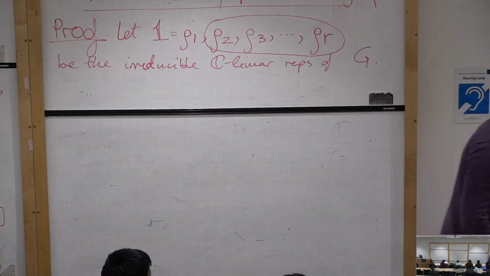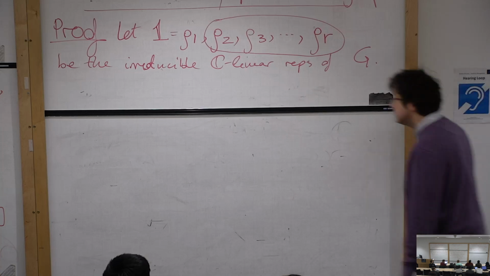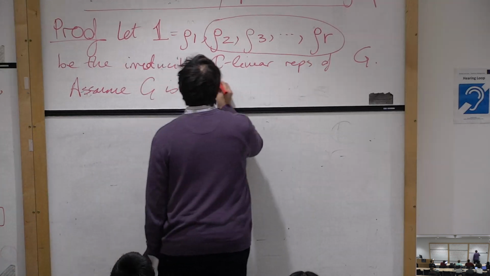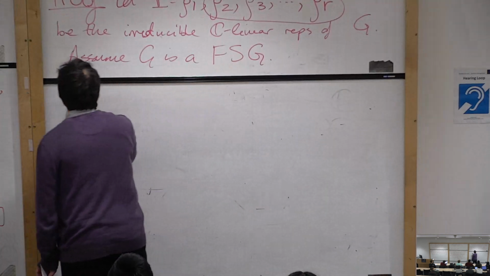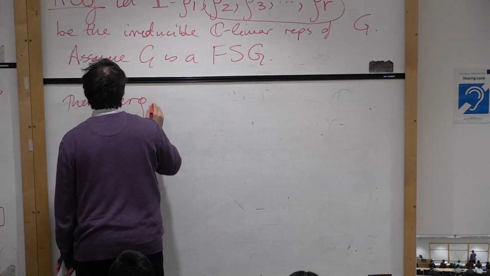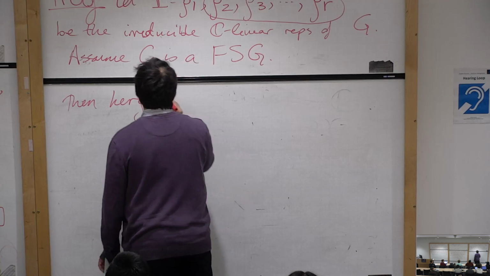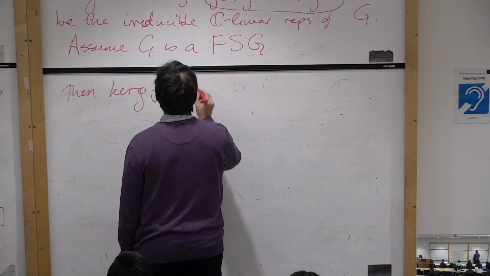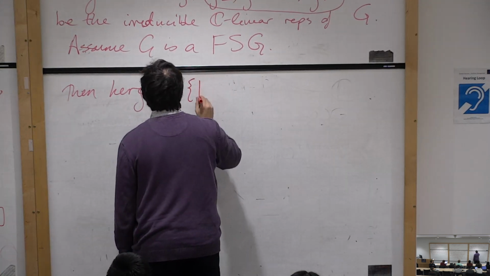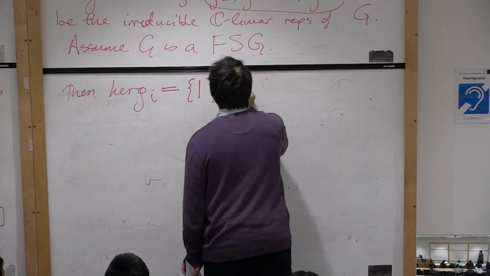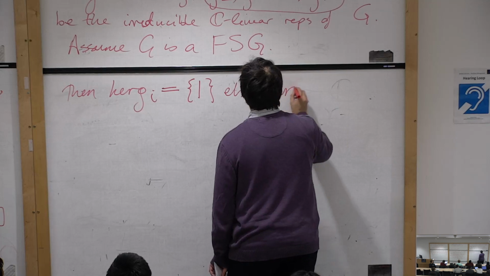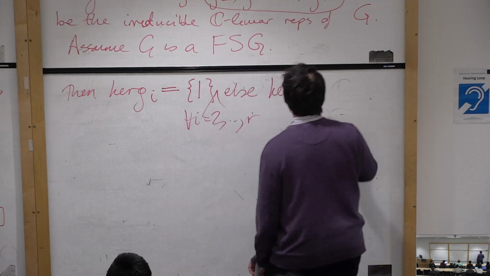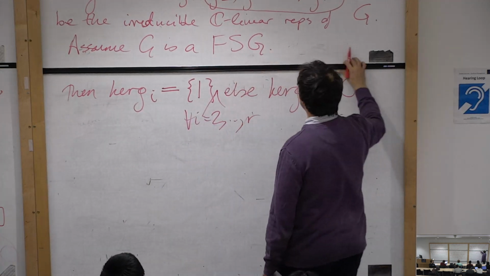And that would mean that rho I is trivial, right? If the kernel of rho I is 1, I assume, why not? G is a finite simple group, then rho I actually cannot be non-trivial, because then, this is for all I from 2 to r, else the kernel of rho I is G by the finite simple group.